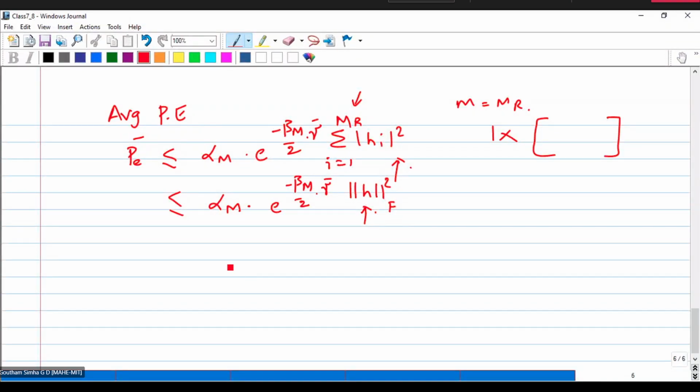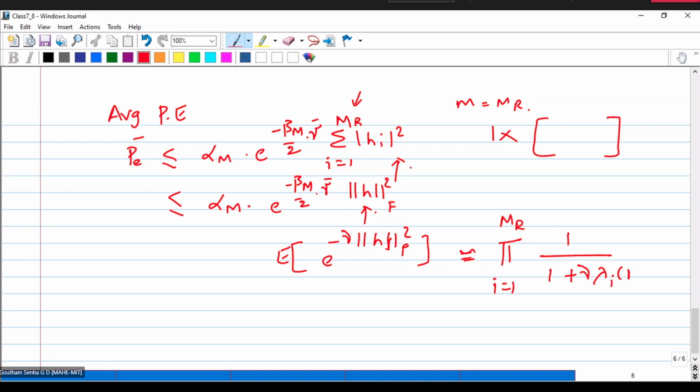So usually it is written as the expectation of e to the power of minus nu into Frobenius norm of h squared, which can be closely approximated as the product from I equal to 1 to mr of 1 by 1 plus nu into lambda I of R. So if you write this equation in terms of the expectation of e to the power of minus, I have replaced beta m by 2 gamma bar with nu into Frobenius norm.